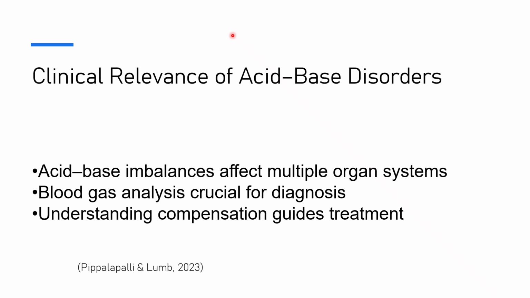Since acid-base disturbances impact almost every organ system, it is clinically important to comprehend them. For instance, alkalosis can result in arrhythmias and neuromuscular irritability, while acidosis can depress the central nervous system and induce confusion and coma.